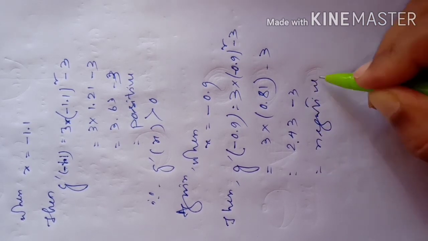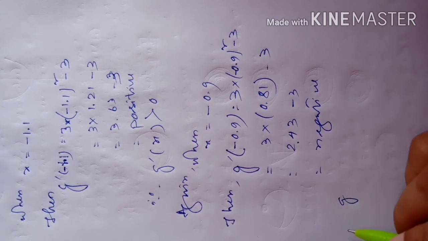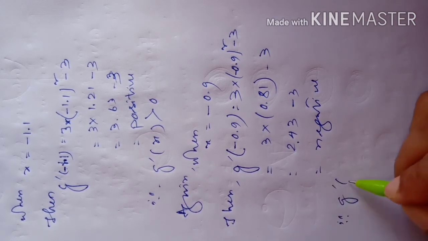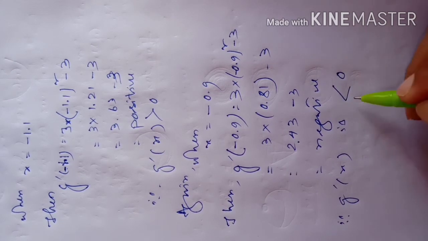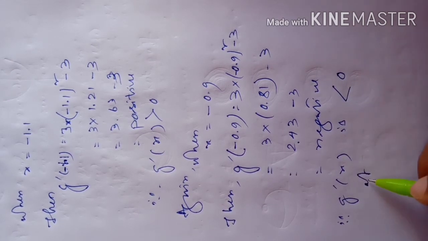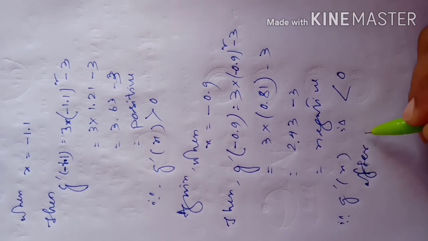So g dash x is less than 0 after x equal to minus 1.